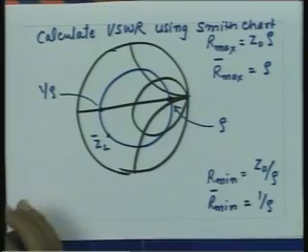Next thing one can do is find out the location of the voltage or current maximum or minimum on the transmission line, and then use that information, just looking at the standing wave pattern on the transmission line, to find out what kind of load the transmission line is terminated in.